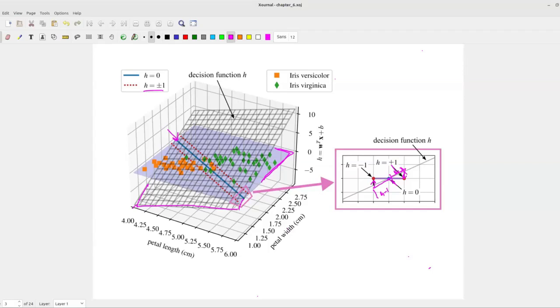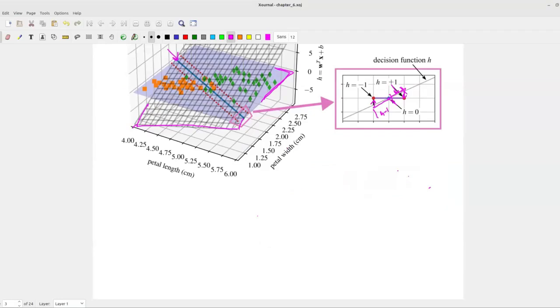So training an SVM classifier involves optimizing W and B to maximize the margin while avoiding margin violations. So we need to optimize W and B to avoid margin violations if we're in a hard margin.